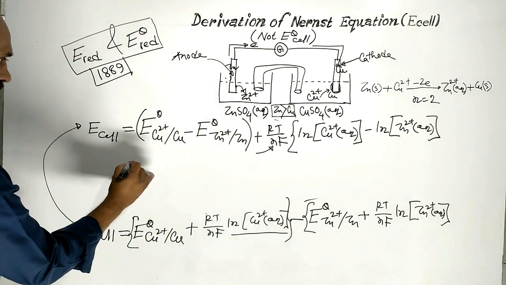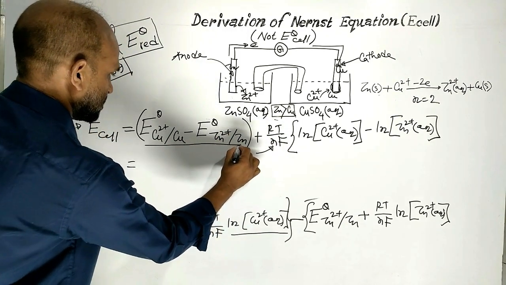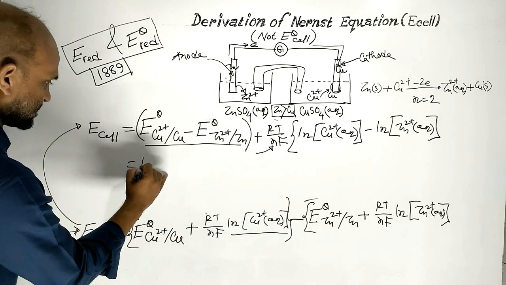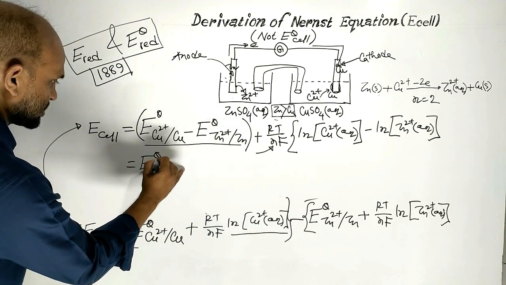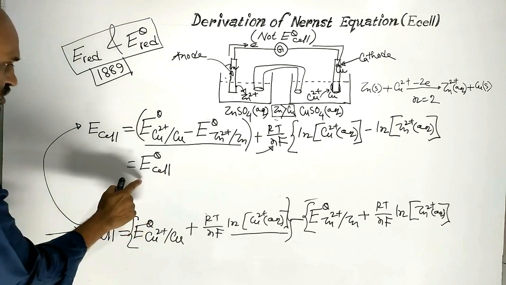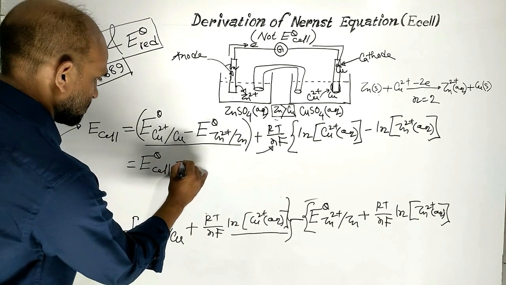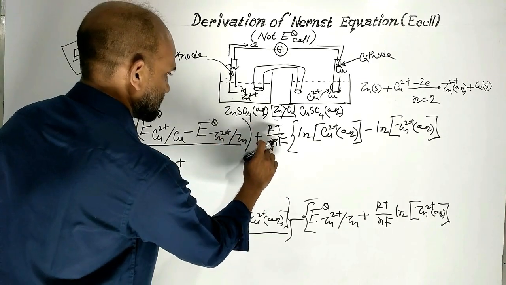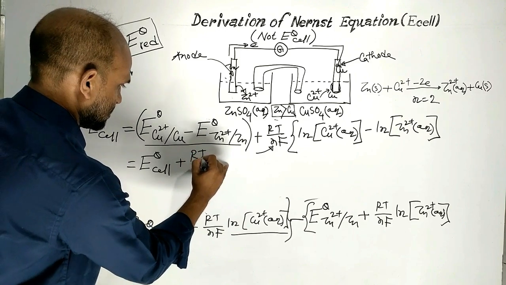Now this one is standard state cell potential, which is known, plus RT by NF.